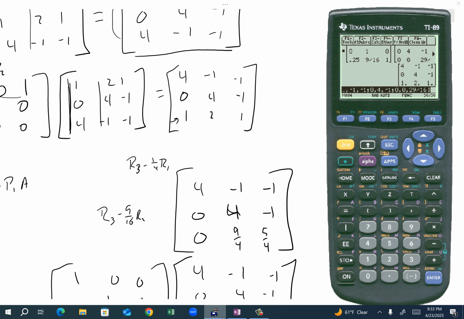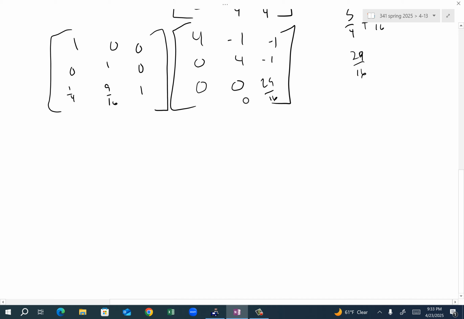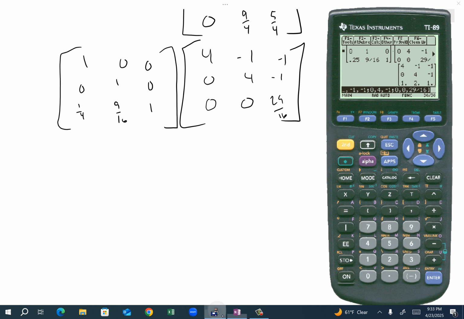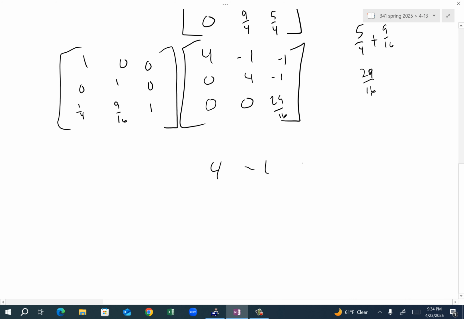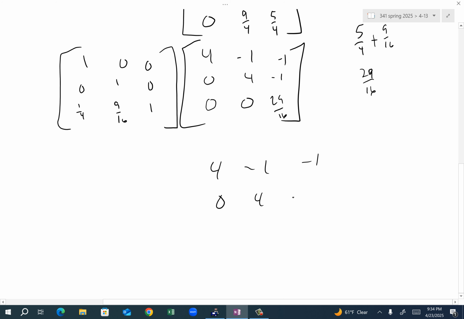And you're like, well, what happens? I need to get back to full on A. Are you with me? I need to get back to full A. And so if you think about this, so that puts me back to, what do I have? It puts me back to 4, 1, 1, 4, 1, 4, negative 1, negative 1, and 0, 4, negative 1, and 1, 2, 1.